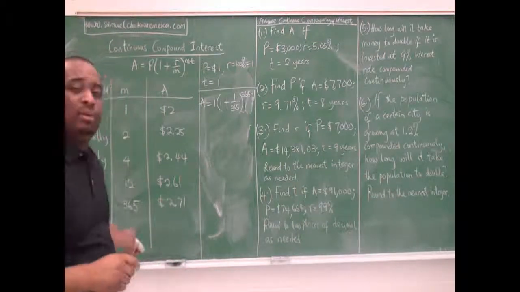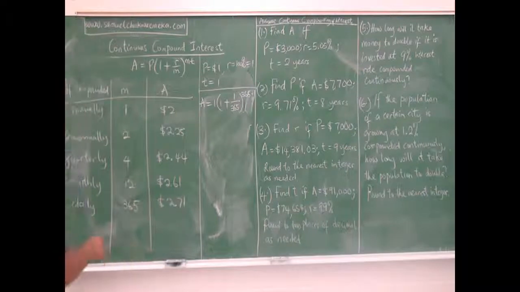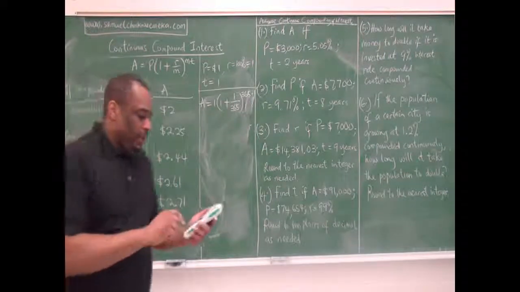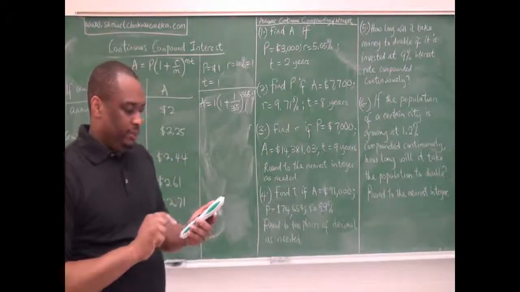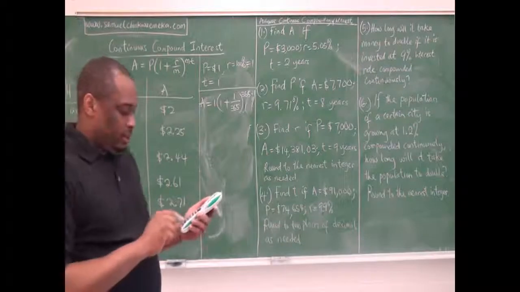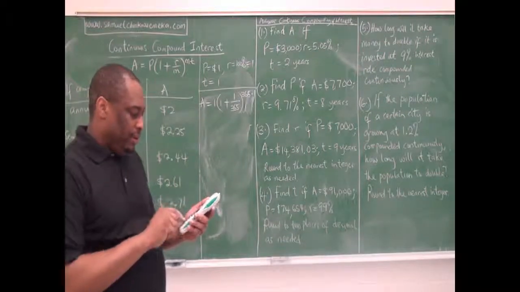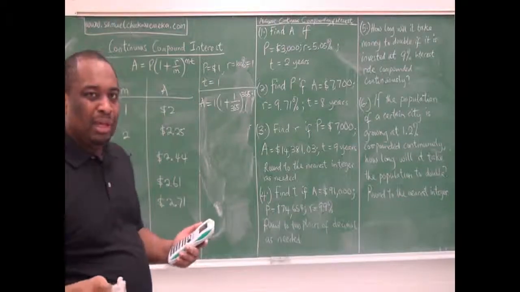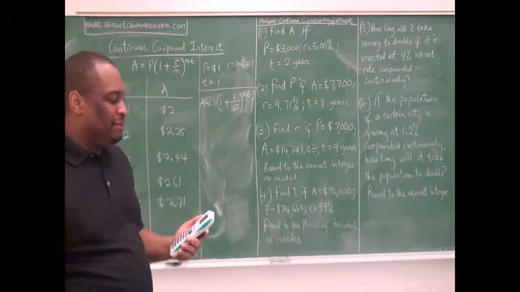Now, if you keep raising this number, let's raise it to 500. Assuming we do it to 500, it will be 1 divided by 500 plus 1, then raised to the power 500. It will be 2.72. You see, 2.715.